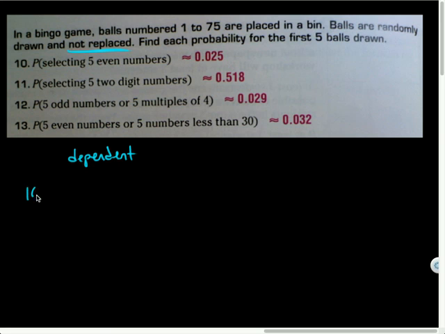So for problem 10, first of all, we've got to figure out how many evens there are. Well, if I do 75 divided by 2, I get 37.5, right?